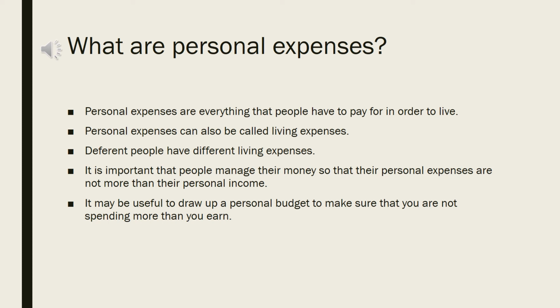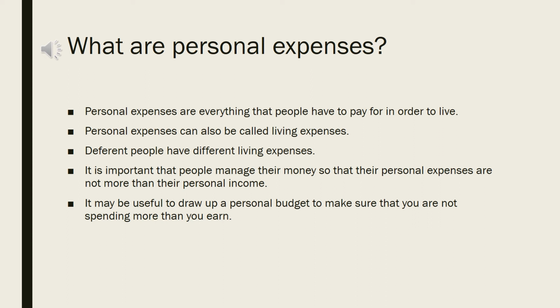Different people have different living expenses. As I gave an example of Netflix or DSTV, one person is paying Netflix, the other person is paying DSTV. Or maybe you feel you need to pay both, but someone feels they only need one.